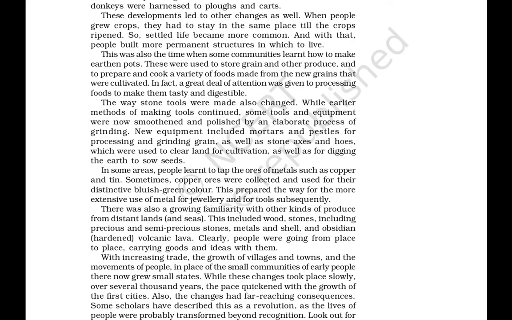In some areas, people learned to tap the ores of metals such as copper and tin. Sometimes, copper ores were collected and used for their distinctive bluish green color. This prepared the way for the more extensive use of metal for jewelry and for tools subsequently.